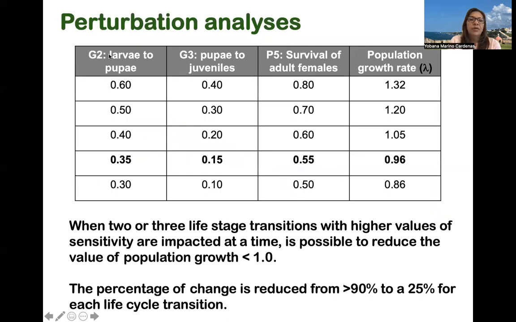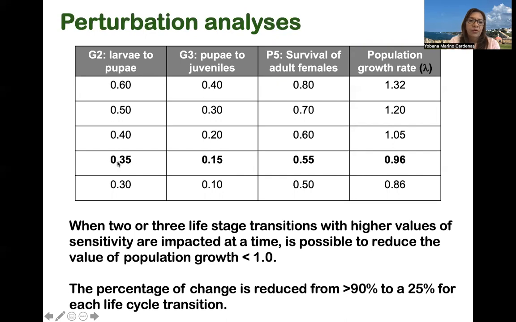But when we reduce or modify the values of the probabilities of the 3 life cycle transitions with higher sensitivities at the same time, we observe that the change necessary to bring down the value of population growth rate to less than 1 is reduced.